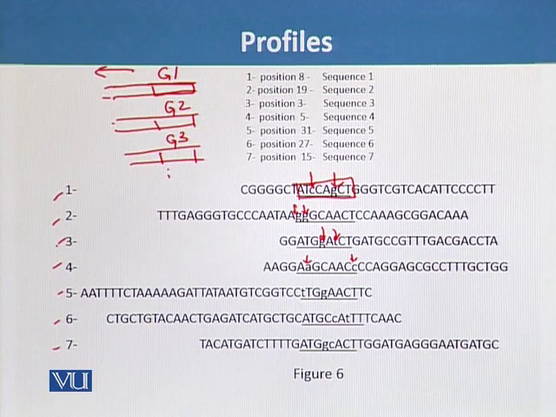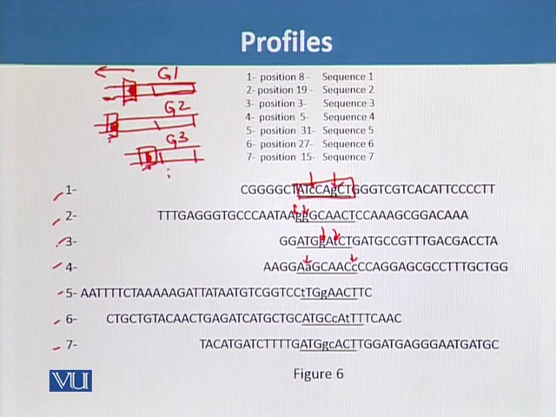For example, there is a conserved region within this promoter region, and in gene number 1 this is the location of this motif. In gene number 2 this is the location, and in gene number 3 this is the location. So the locations of all 3 motifs are different, but the sequences of these motifs are almost conserved, if not very much different. If we want to find the sequence of all these 3 or more motifs, we can use this technique of alignment.